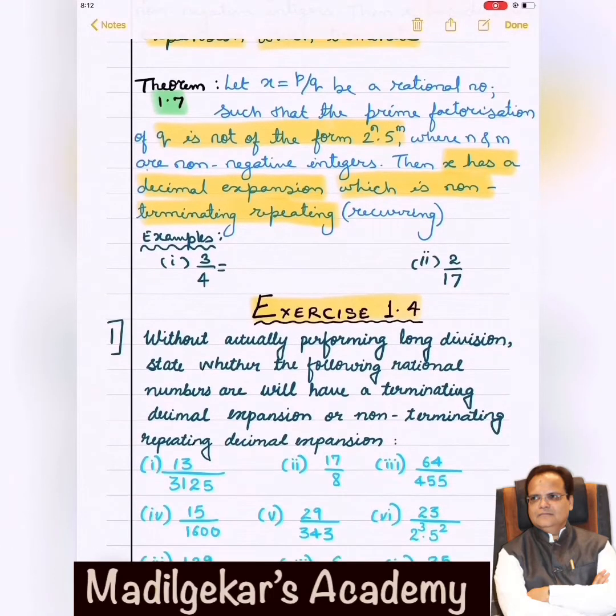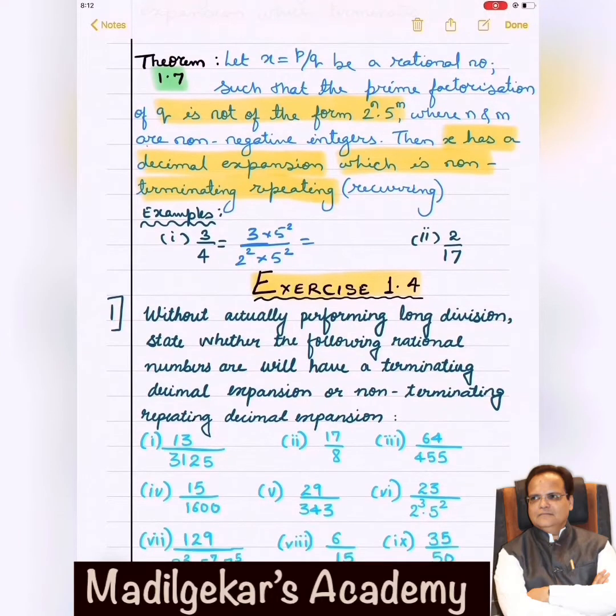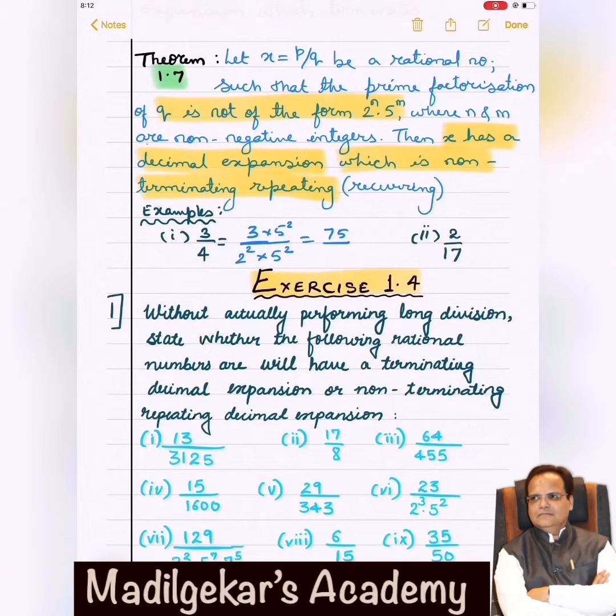Consider the first example, say 3 by 4. Here the denominator is 4, meaning 2 square. By multiplying and dividing by 5 square, the numerator will be 5 square into 3, that is 75, whereas the denominator will be 10 square. So 3 by 4 is 0.75.